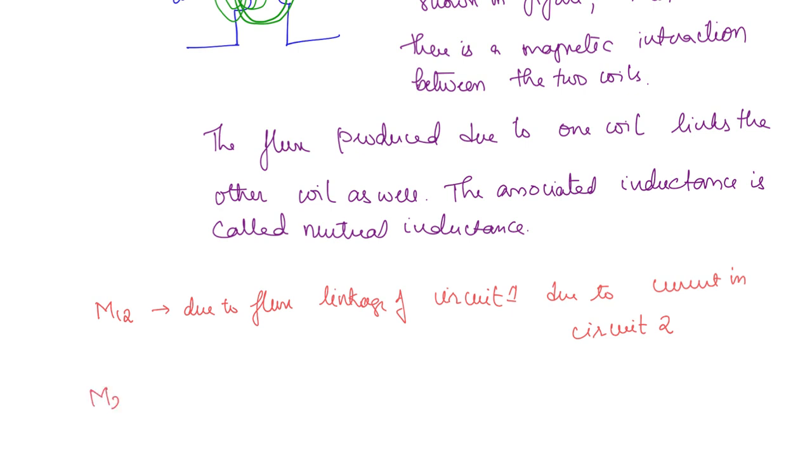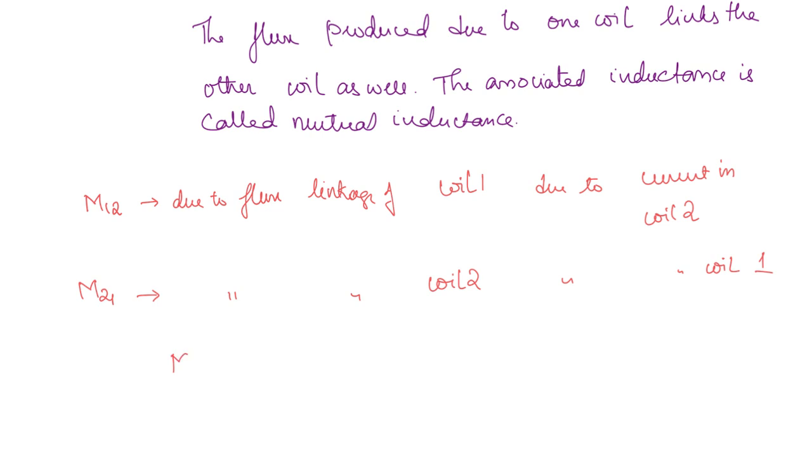And similarly you have M21, this is due to the flux linkage of, rather than circuit we will take coil, coil 2 due to current in coil 1. Okay. So these both inductances are going to be equal. Okay, M12 is equal to M21, both are equal.